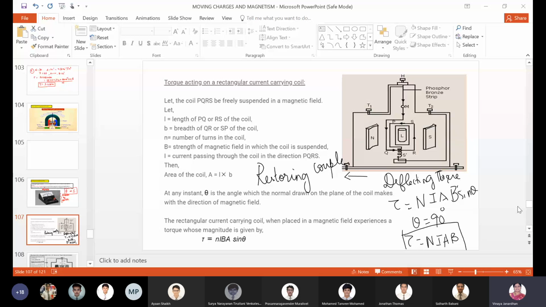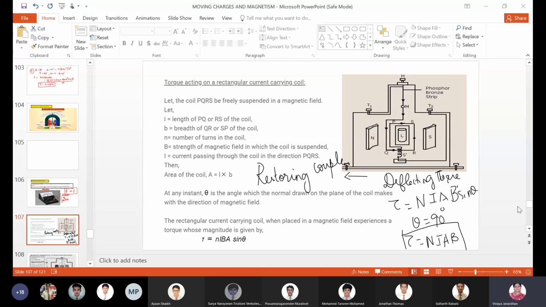So this wire is suspended freely, boys. The coil PQRS, wound over a cylindrical magnetic material, is suspended freely between the pole pieces of a strong permanent magnet by means of a phosphor bronze wire, and the other end of the wire is connected to the torsion screw at the top.